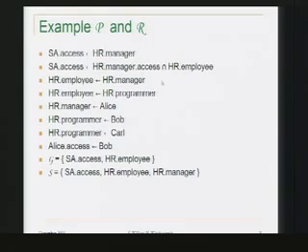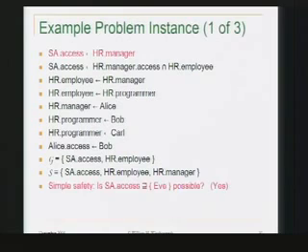HR says you're an employee if you're a manager or a programmer. Alice is a manager. Bob and Carl are programmers. And Alice says that Bob should have access. So currently, Bob does have access. And then G and S define the restriction rule, and we'll play with them in a minute.